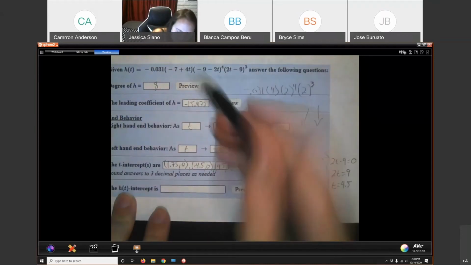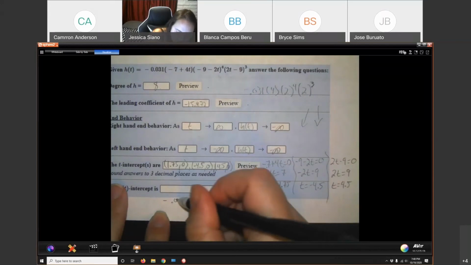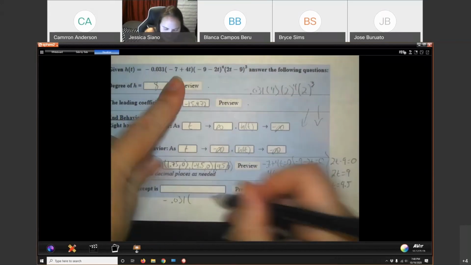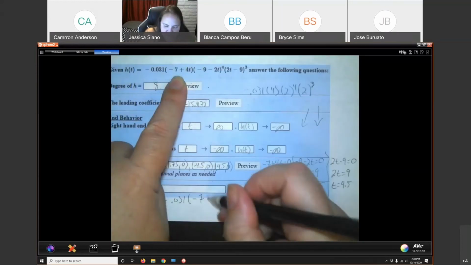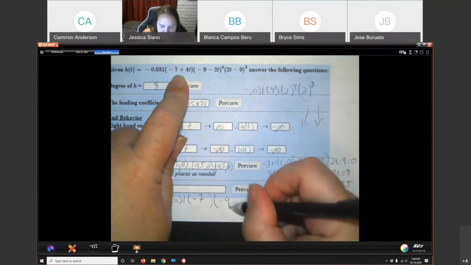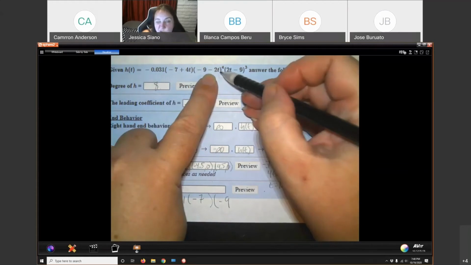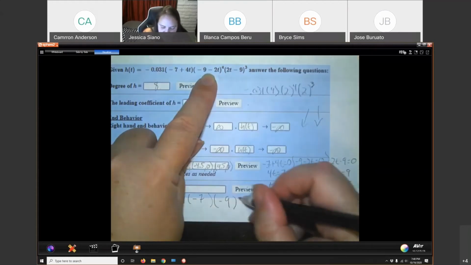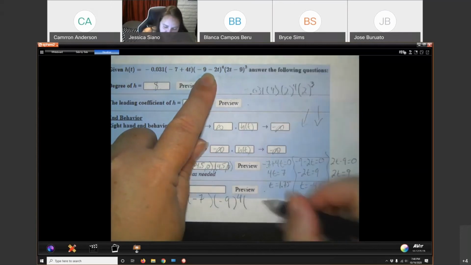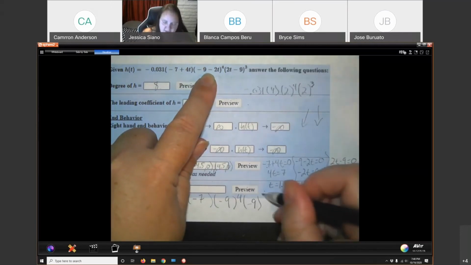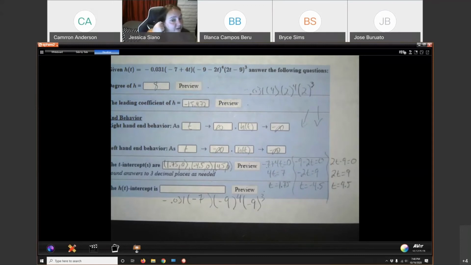So that would mean that we would have -0.031 times -7, but this 4t would be 0, so really just -7, times -9, but this 2t would be 0, so really just -9 to the 4th. And then this 2t would also be 0, so another -9, this time to the 3rd.